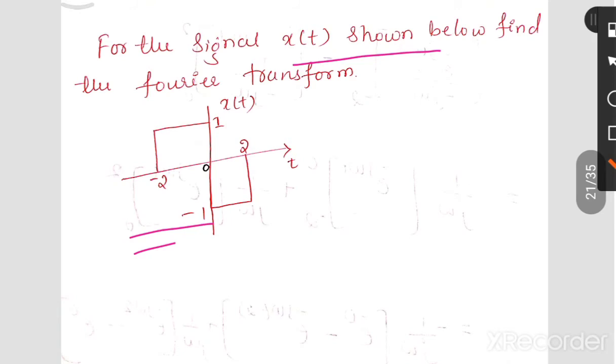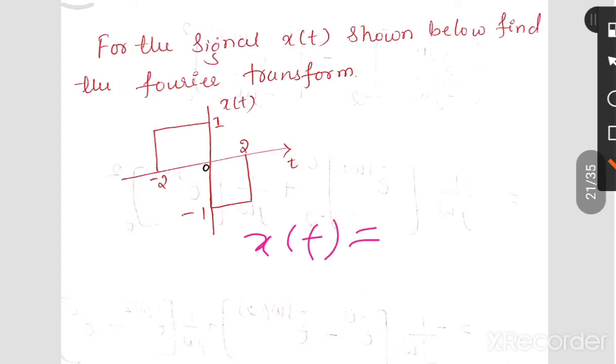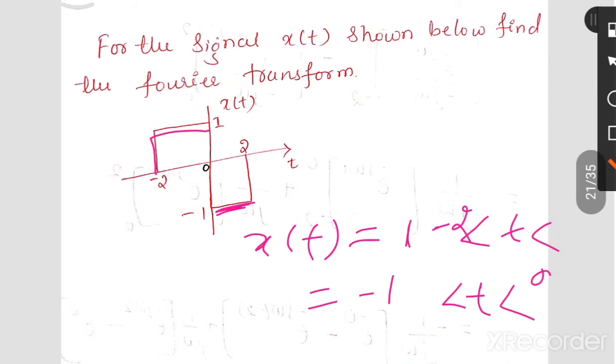So define this signal. First we will take x of t. X of t is, that is x of t, which is equal to magnitude 1 when t is between minus 2 to 0. Okay, and then another signal is present, that is with a magnitude minus 1 when t is between 0 to 2, and other than these, the signal is 0 otherwise.